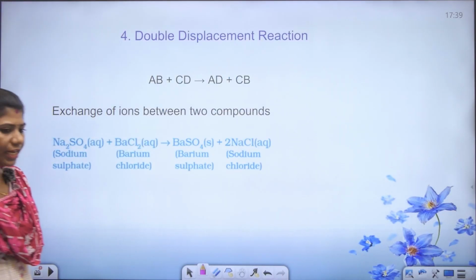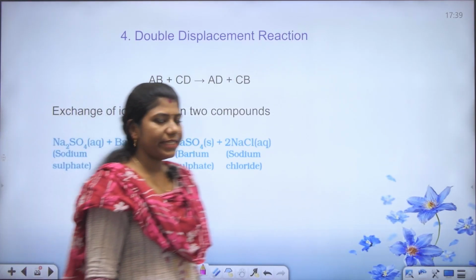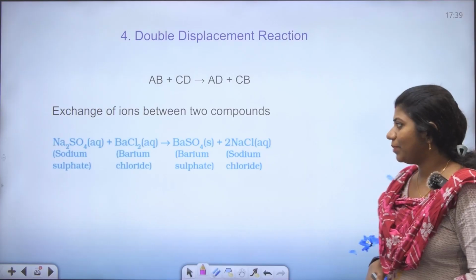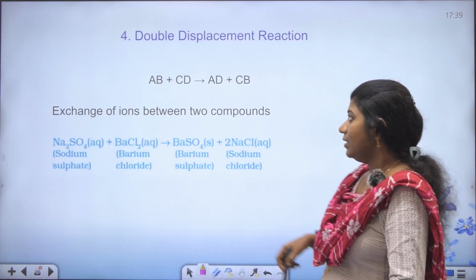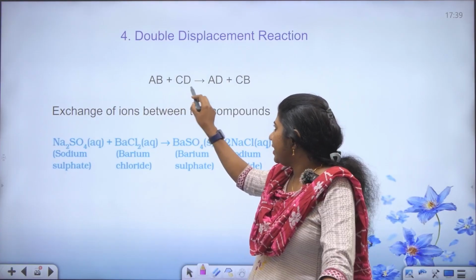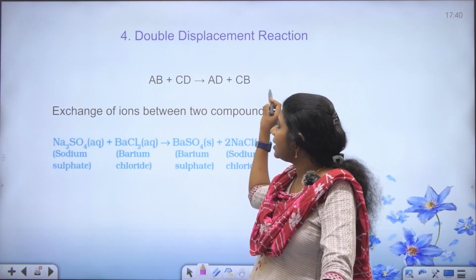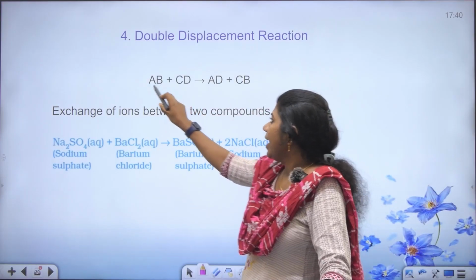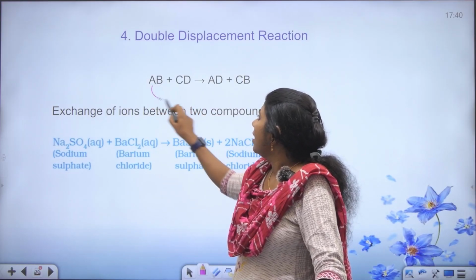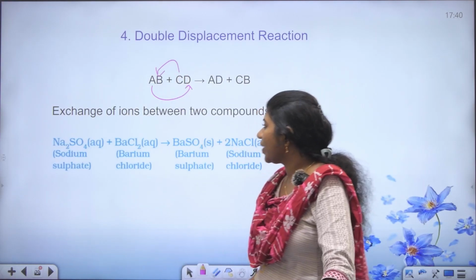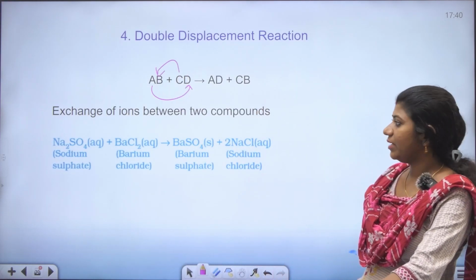The next type of reaction is double displacement reaction. It's a simple equation. AB plus CD gives AD plus CB.